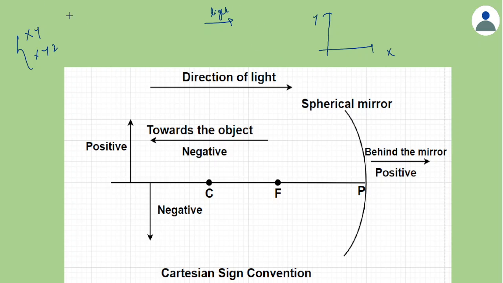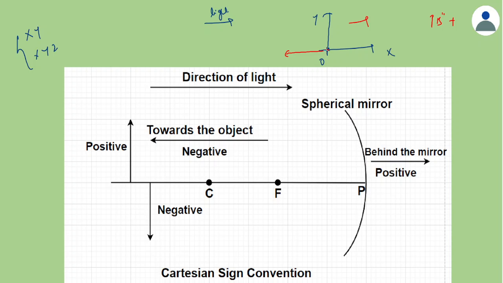So if this is the pole, you can think of this origin as the pole, then if you're going with the light, the distances are positive. As seen in the previous example, PB double dash was positive. If we go from O in this direction, this is the minus x direction. The distances from here would be negative, which was the second convention.